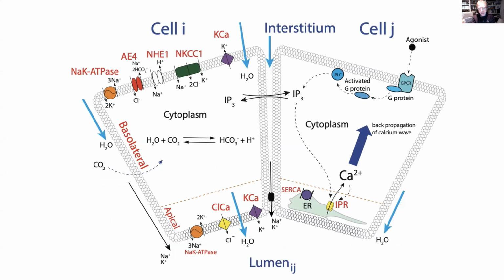I talked about the calcium so far, but there's all the other ions, the chloride, the sodium, and the potassium ions, not to mention the bicarbonate and protons, which are really, really important. As David said, it is the transport of chloride ions from the outside of the cell, from the interstitium into the cell, and thence into the lumen.